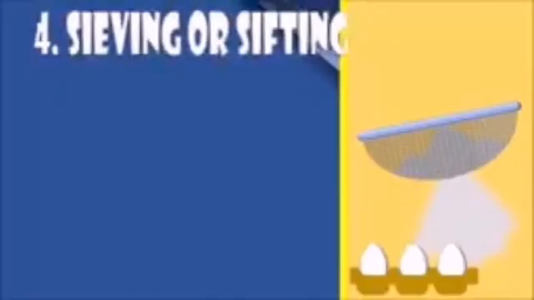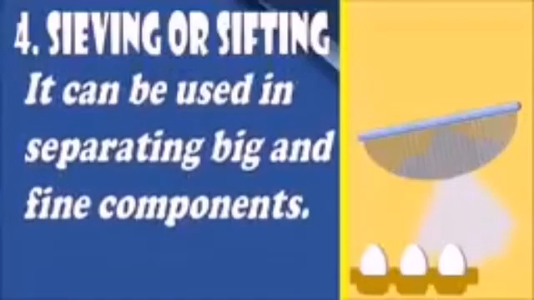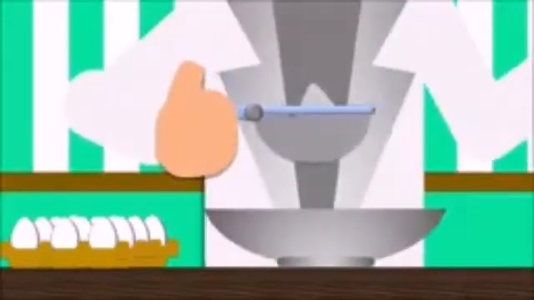Number 4. Sieving or sifting. Mixtures with big and fine components can be separated by sieving. Sieving involves using a strainer or a big screen to separate the big and fine components of the solid mixture. The strainer allows only the fine particles to pass through it and prevents the larger ones.